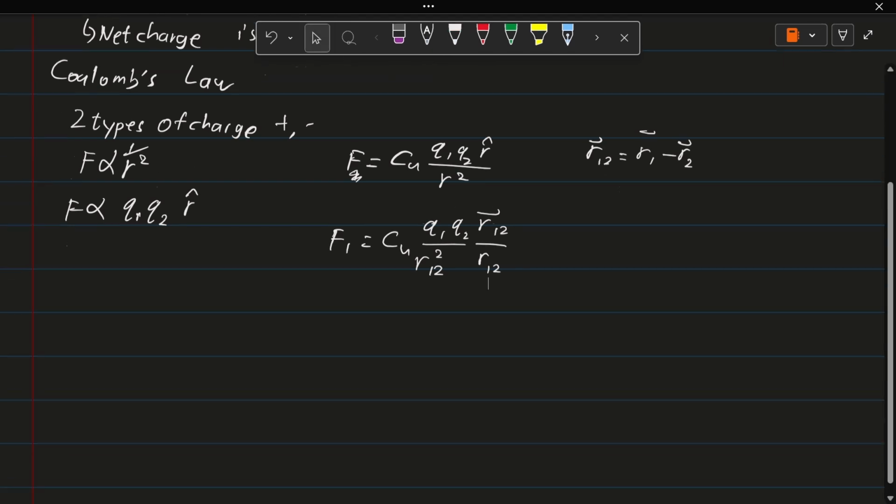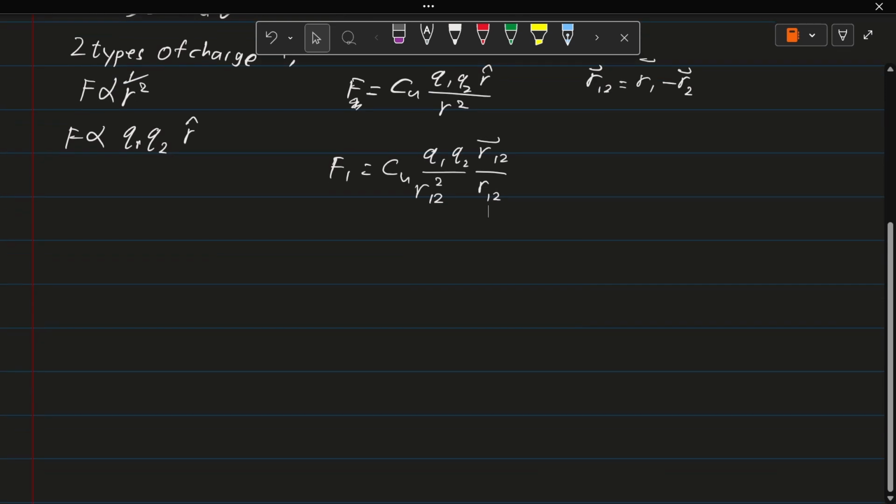And with only experiments, you could figure out what the constant Cu is, which is 8.9874 times 10 to the power 9 newton meter squared per coulomb squared in SI units. And this is basically the definition of the coulomb in itself. You could also define it to be a value of 1, but instead we use the unit coulomb because it is already known that within electricity you are using the term amperes.